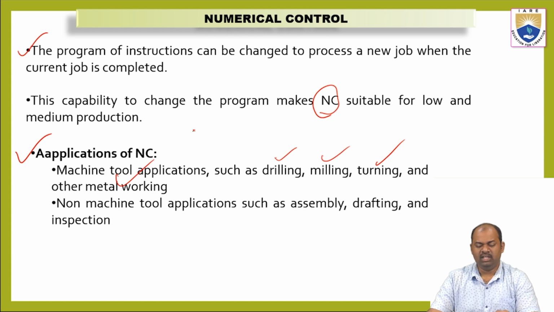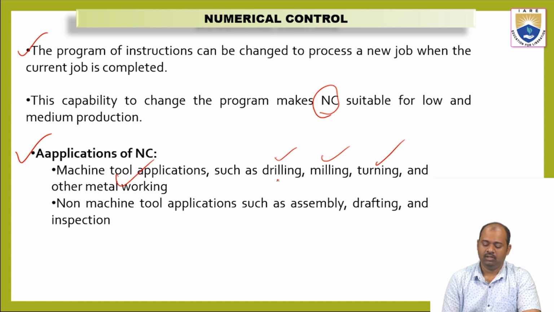These machines are already there, and we can call them conventional machines. They must be operated by a skilled human being to get the required output. Drilling is making a hole in the workpiece. Milling means removing material so that it can be developed into a new part.